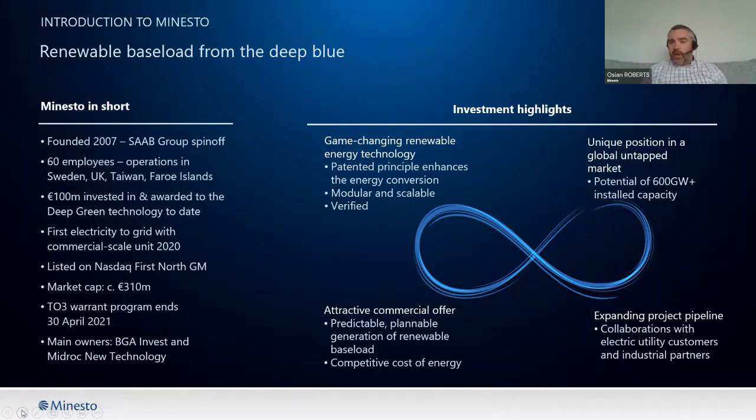So, the investment highlights, I should call it. We are the only verified technology that can produce power using low flow tidal or ocean currents in this industry. And we have that unique global position to be able to tap into a wider resource than exists for conventional technology, as I would call it.